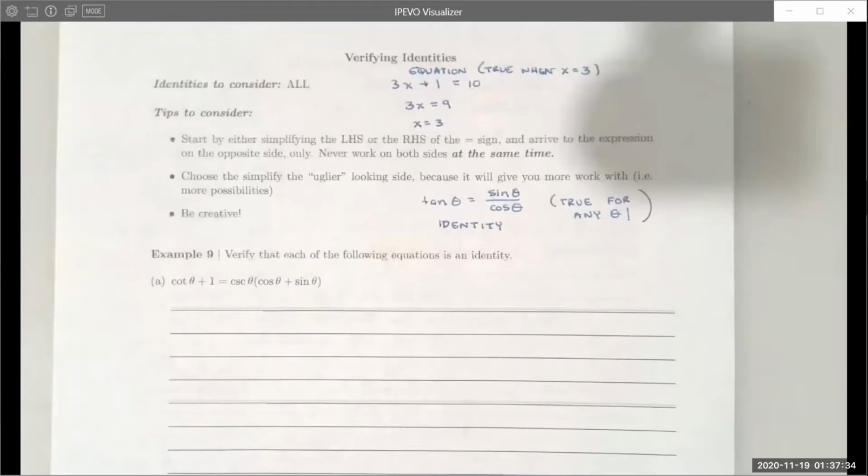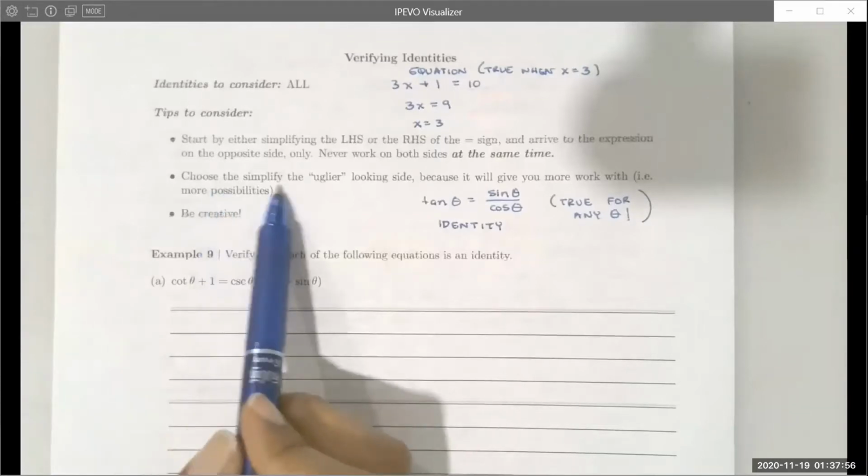If you're trying to prove something, you can't prove it by assuming that it's already true, right? You have to start at some point that is completely independent of the other side of the equation, and then arrive at that conclusion.